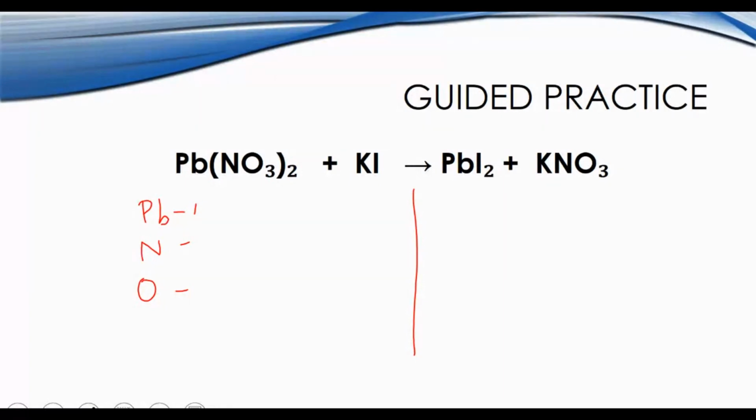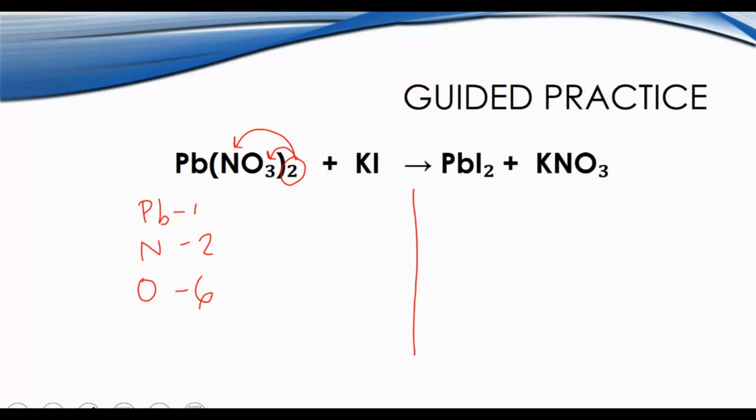That subscript outside of the parentheses, the little 2, tells me that there's 2 NO3s. So everything inside of the parentheses has to get multiplied, okay? So that tells me that there are 2 nitrogens and a total of 6 oxygens, okay? Again, because we are distributing that subscript into everything inside of the parentheses.